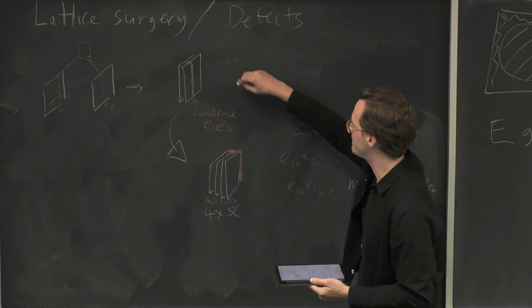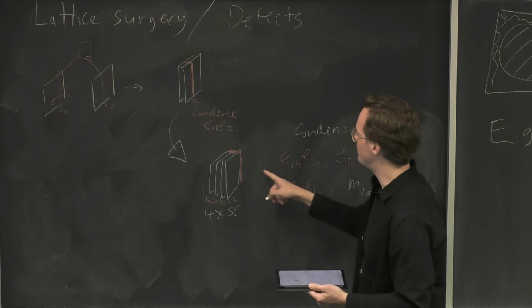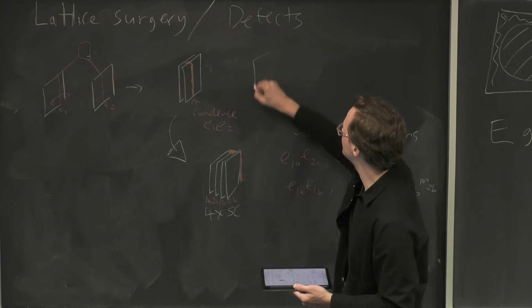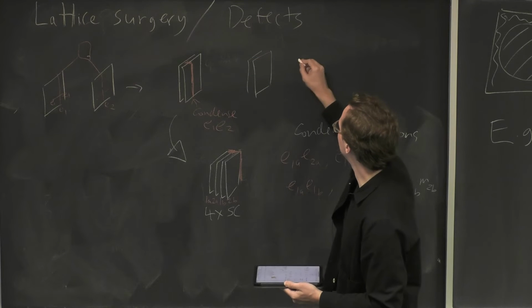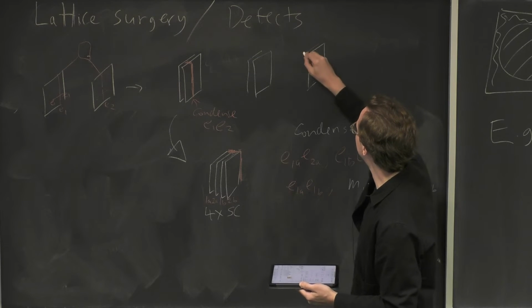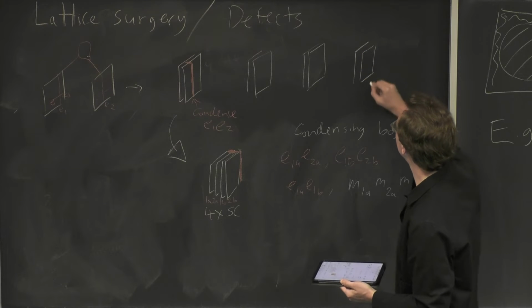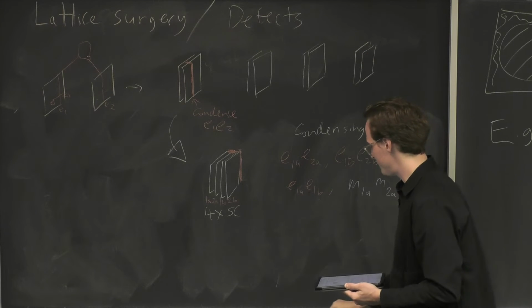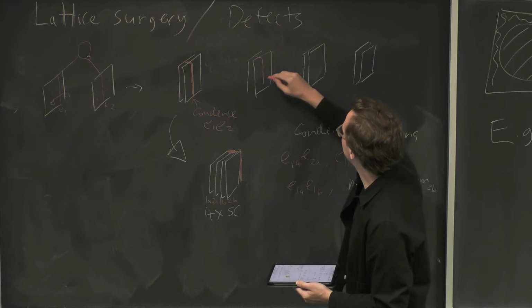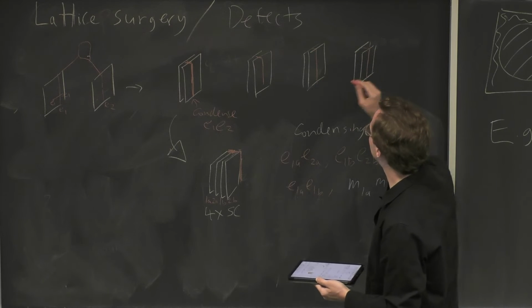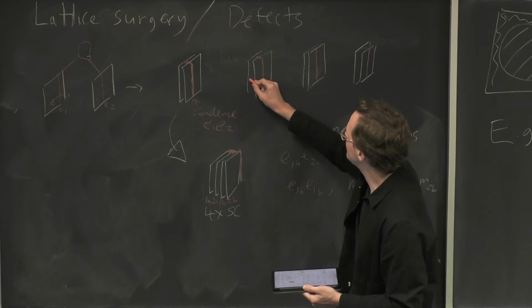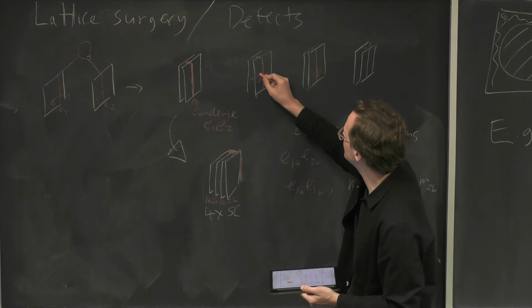And if I unwrap that, or unfold that back up here, it just tells you what can happen near the defect. So near this defect line, I'm allowed to have E from the bottom and the top layer coming in and condensing.